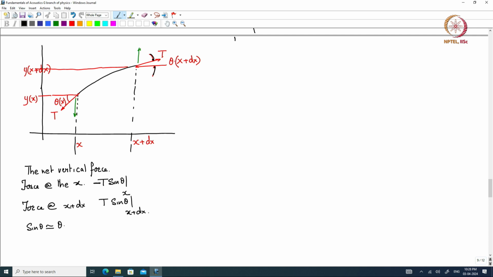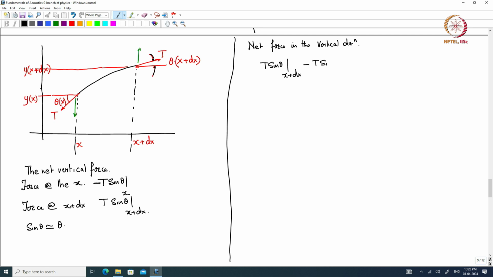If we write down the net force in the vertical direction, it is T sin theta at x plus dx minus T sin theta at x.